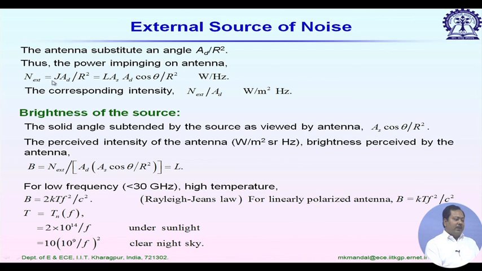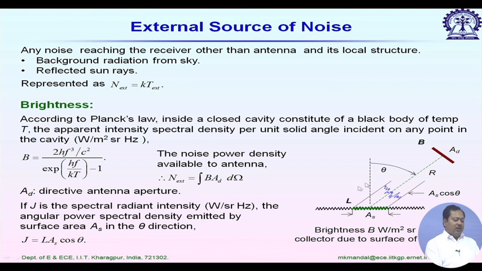Now if we put the value of J, which we have seen is L AS cos theta, it becomes L AS AD cos theta by R square watt per hertz. So this is the total power received by the antenna from a surface area AS due to its radiance L.